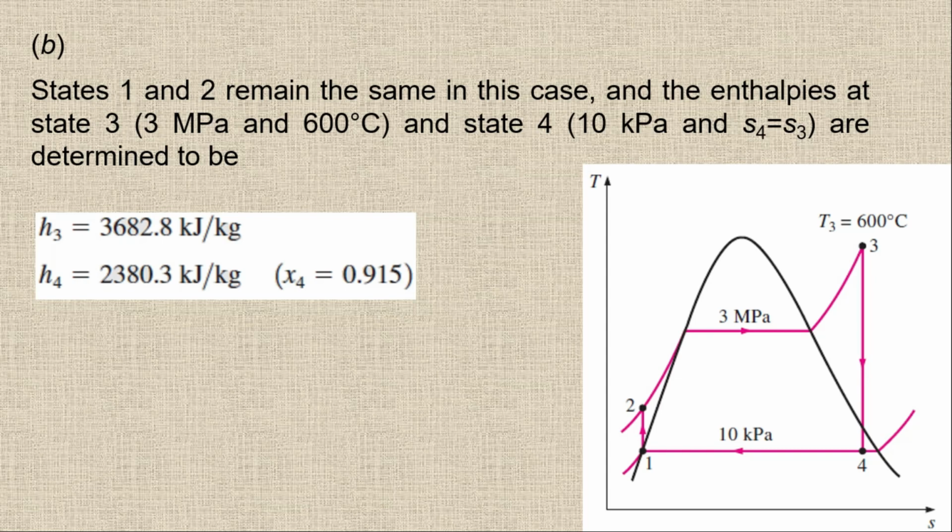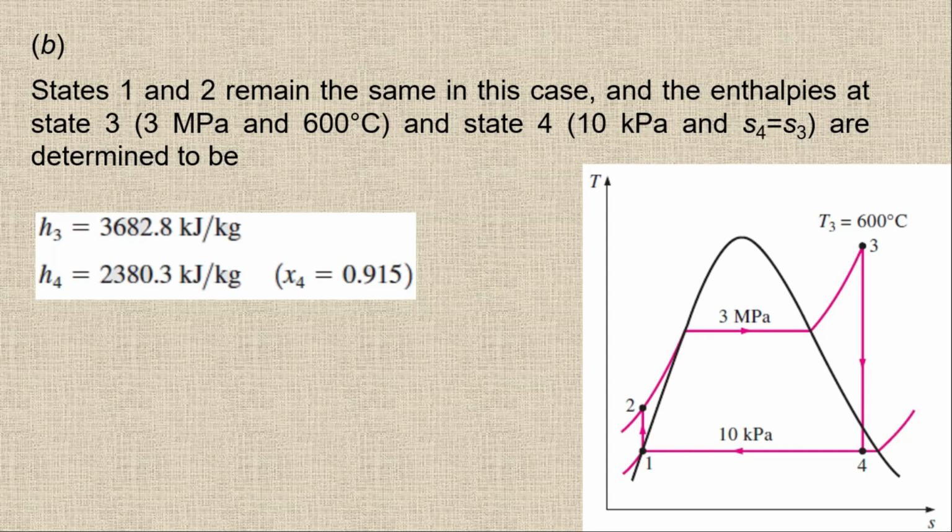When you find the quality by using X4 equal to S4 minus Sf upon Sfg in terms of entropy, you will get the quality of 0.915. So you can see here the quality is increased from 83, I think 83 or 82, to 91.5%.